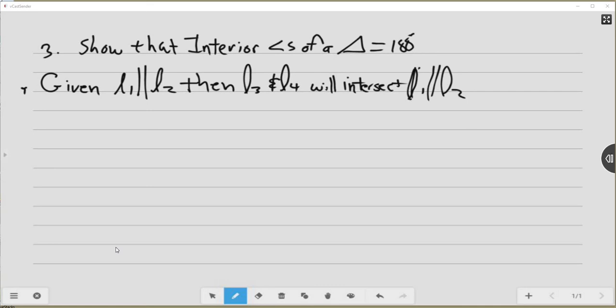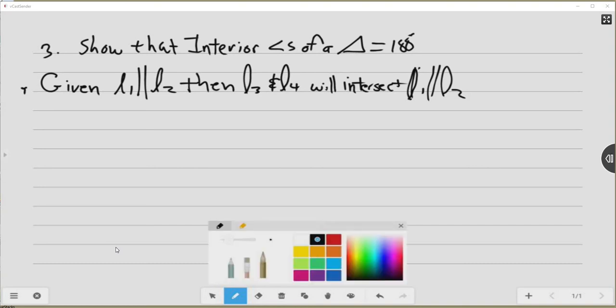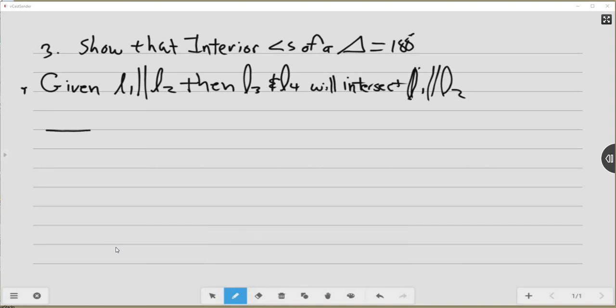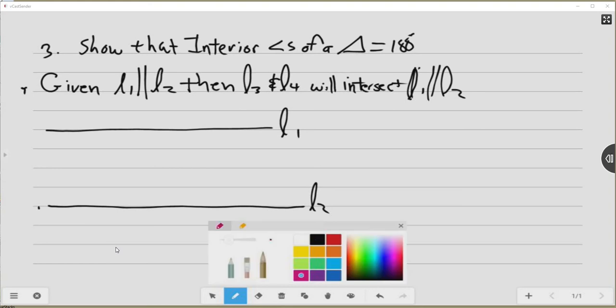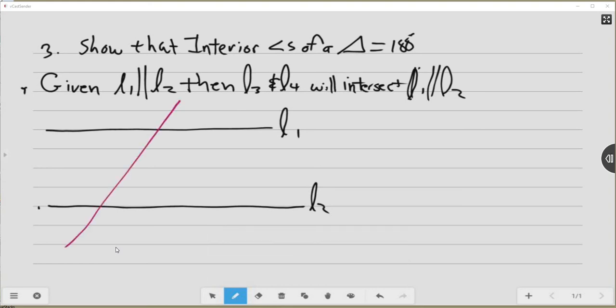And they won't be parallel themselves. I'm not going to bother to write it, but I'll just do it here. Let's say that that's L1. Let's say that this is L2. All I'm saying is that L3 and L4 intersect it in this way. All right?